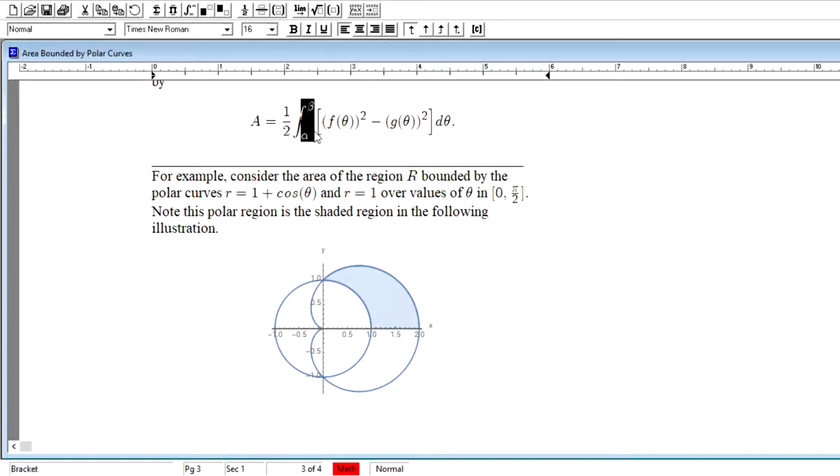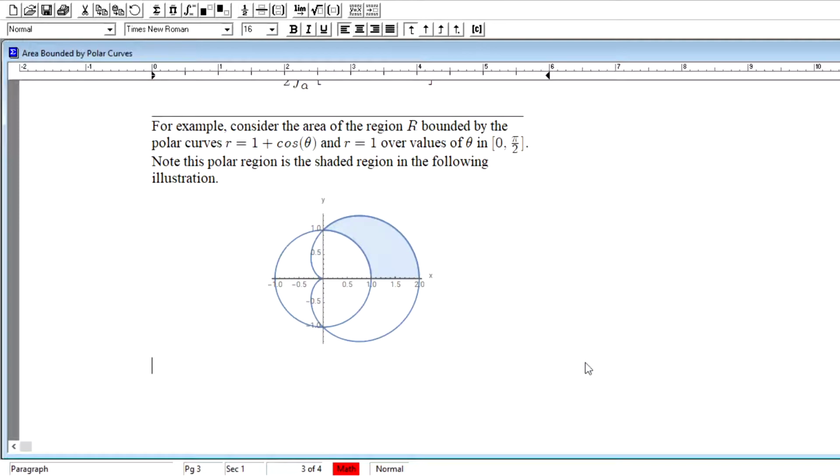0 and pi over 2 are going to just play the role of our bounds. f of theta is going to be the outer edge of this polar region, the edge that is furthest from the origin. That's going to be given by 1 plus cosine theta. And g of theta is going to be the inner edge, the edge of this polar region that is closest to the origin. That's going to be given by the circle of radius 1.